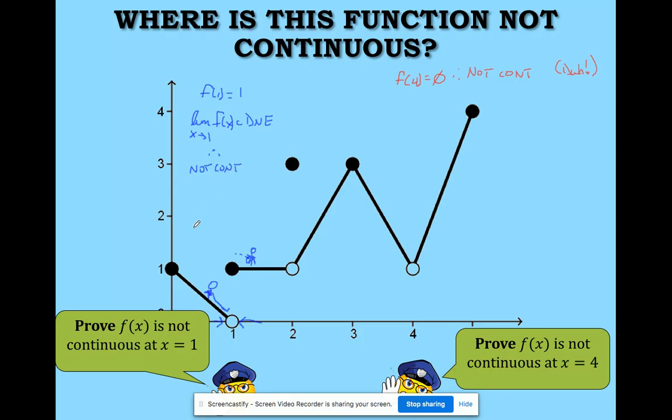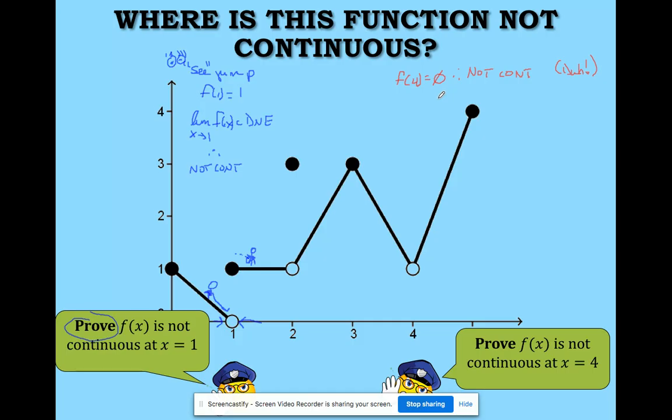Not continuous, right? Now I see a jump. That's what I see. But to prove, I have to write that the function exists, but the limit does not. Therefore, no bumping bellies. Therefore, the limit does not exist.